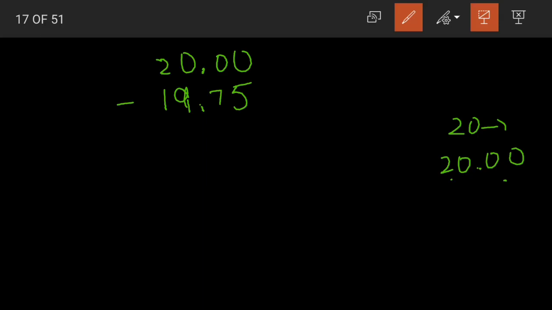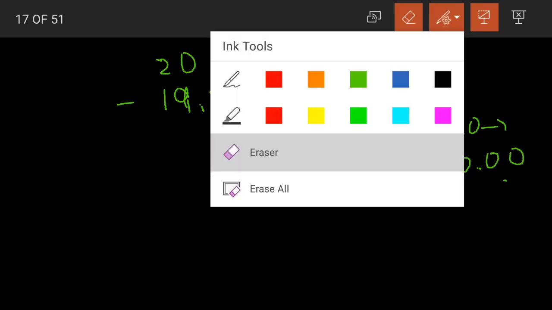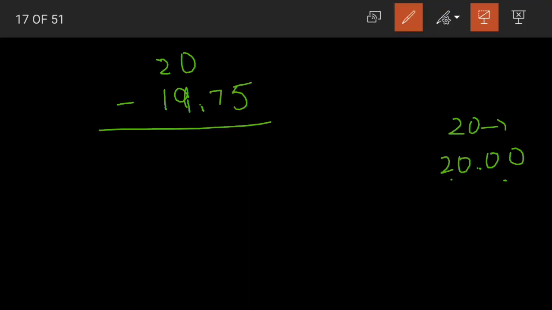Again, if you remember in the previous class, what did I say? If we write like this with 2 zeros, it will be easier for us to add and subtract. See, children, if I do not write the 0 paisa, how will you subtract this? There is nothing above from which I have to subtract 5 and 7.